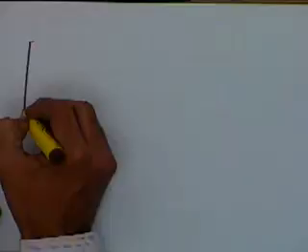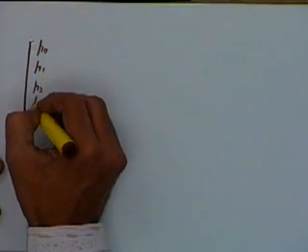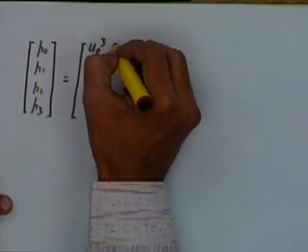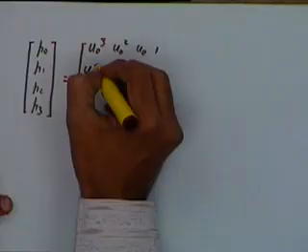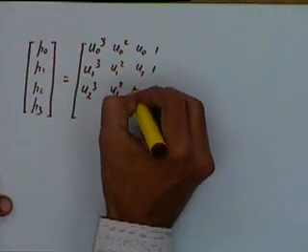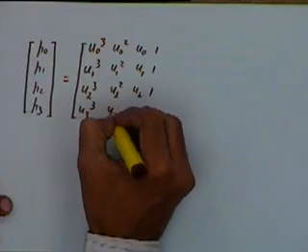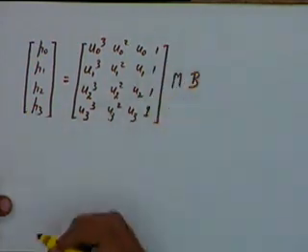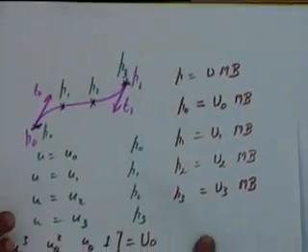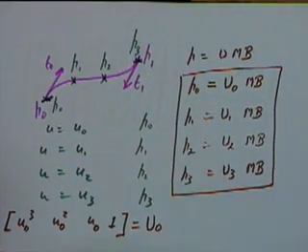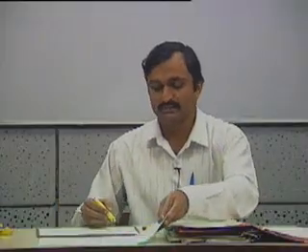Let this matrix of P0, P1, P2, P3 be equal to the matrix of u vectors multiplied by M multiplied by B. What I have basically done is taken these 4 equations, where u0, u1, u2 and u3 are 4 vectors like this, and written them down as one single equation.